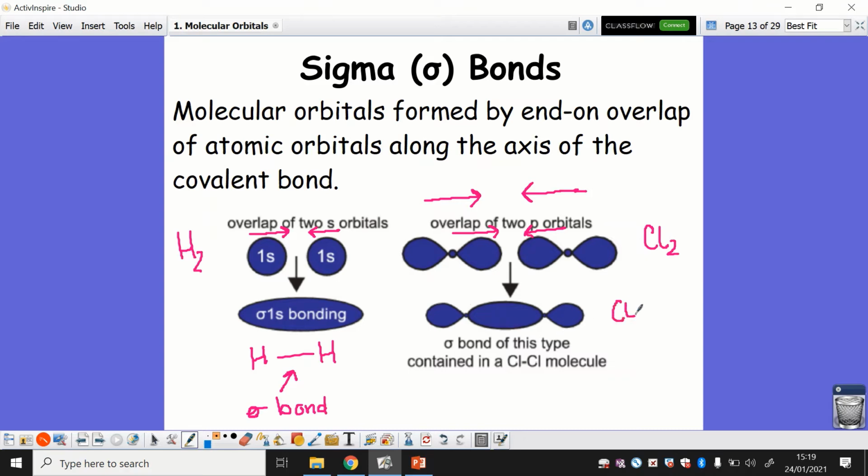So again, this is a sigma bond between the two chlorine atoms. If we draw that in there just to highlight exactly where that is, this is the sigma bond holding the two chlorine atoms together.